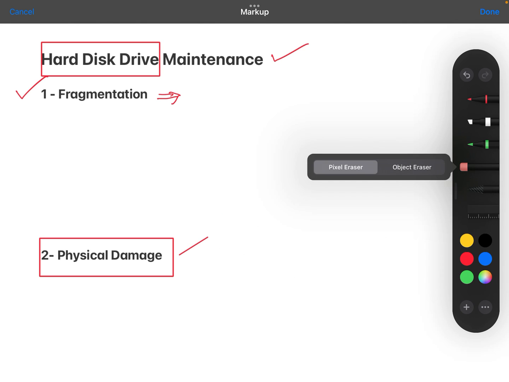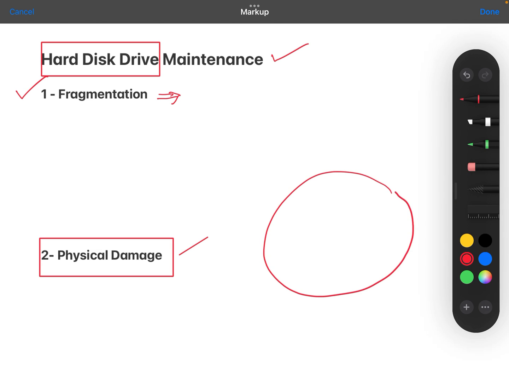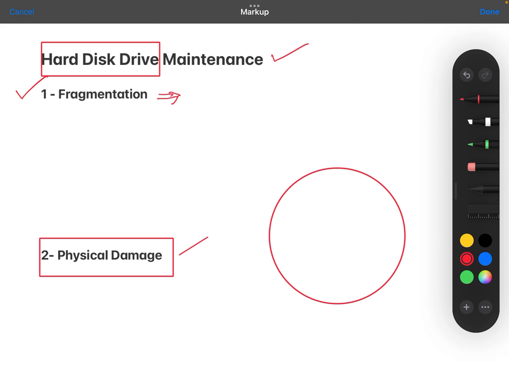So what happens is that the hard disk drive, over time, when you use it for a long time, suffers wear and tear from regular use. Imagine that you keep writing and erasing, writing and erasing, with more files coming. These things are like metal platters.